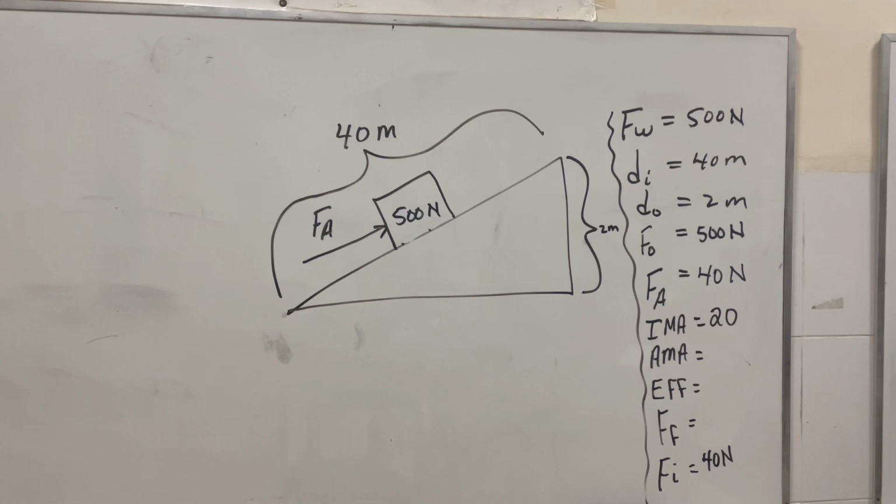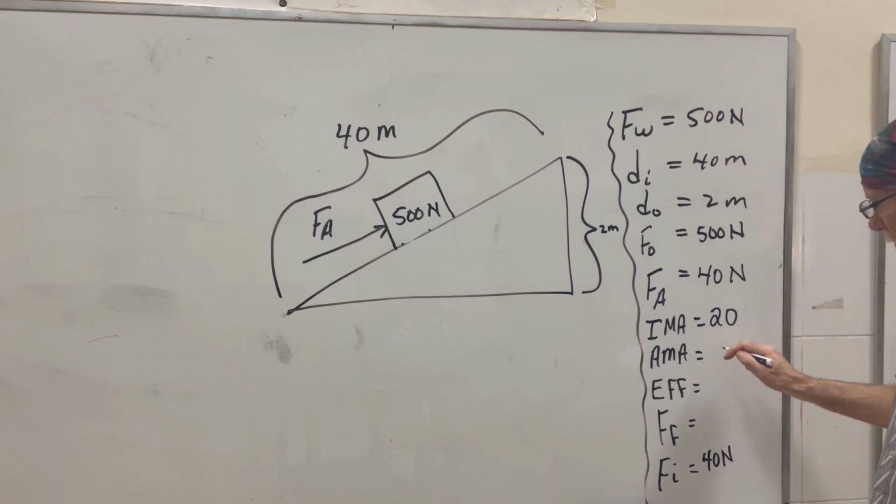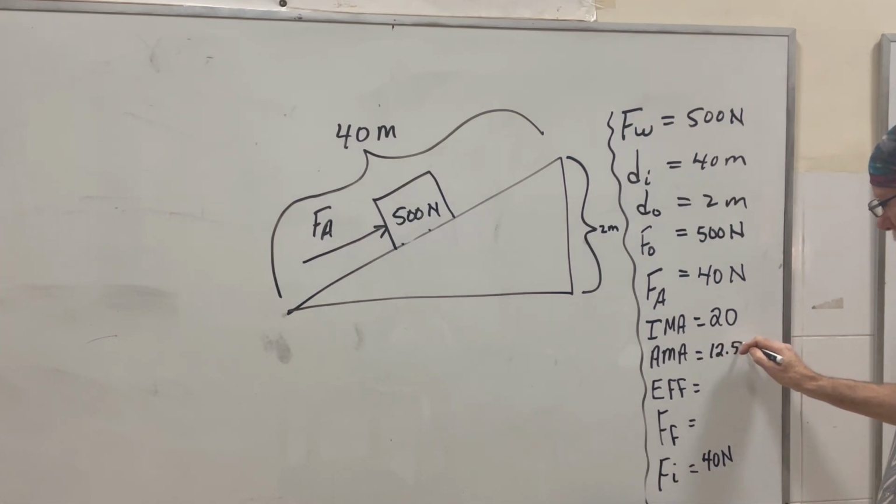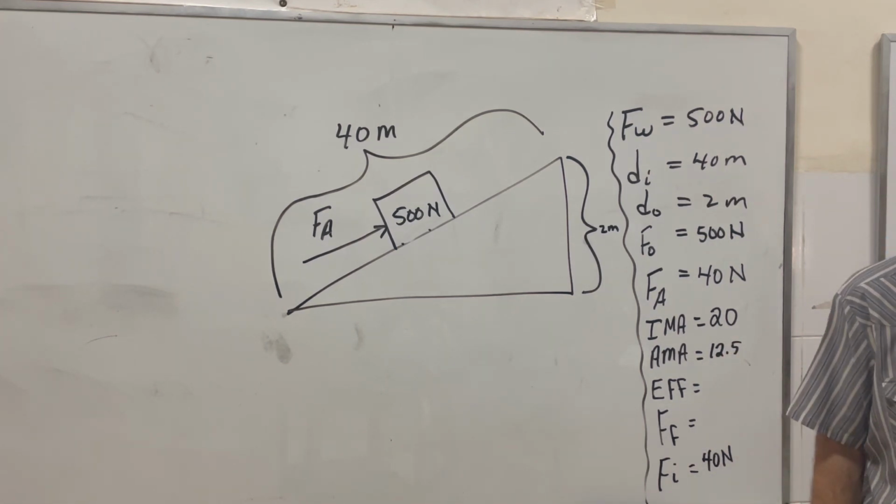What's the actual mechanical advantage? What would it be? 12.5, is that what you said? 12.5, let's see if that's correct. So it would be 500 divided by 40. What is that? 12.5? Okay. So that's 12.5. Well done, Professor.